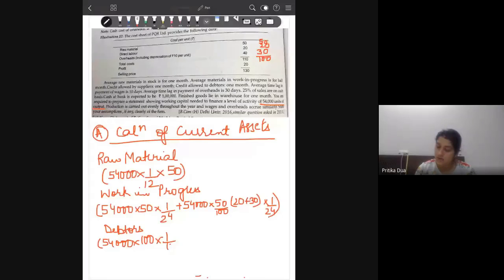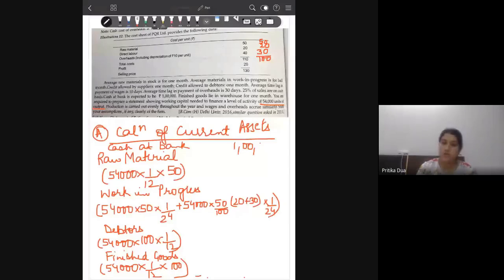After that, you are given that finished goods also have a holding period of 1 month. So that will also be taken at 100. And the last current asset is cash at bank. I'm writing it here because of space. You can write it after finished goods also. This value is already given at 1 lakh.